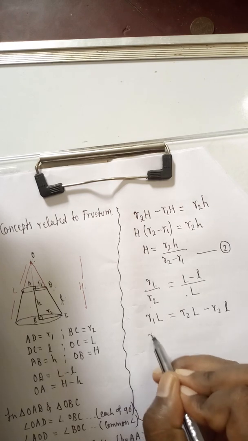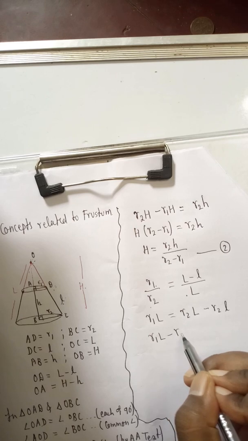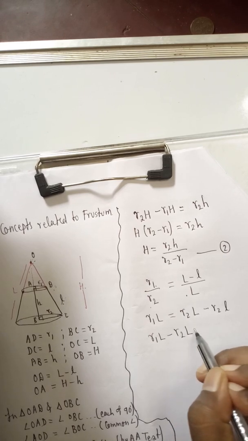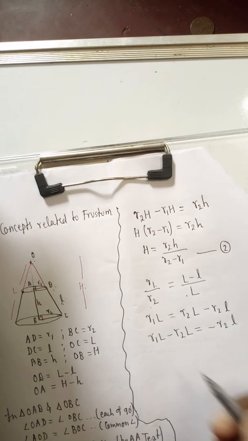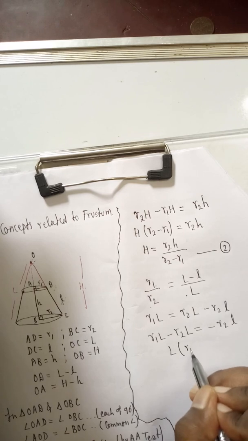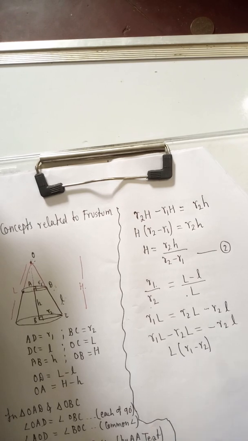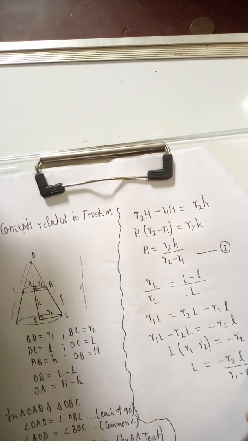So this will become R1 capital L minus R2 capital L equals minus R2 small l. This can be written as capital L common, R1 minus R2 equals minus R2 l. Further it can be written as L equals minus R2 l upon R1 minus R2.